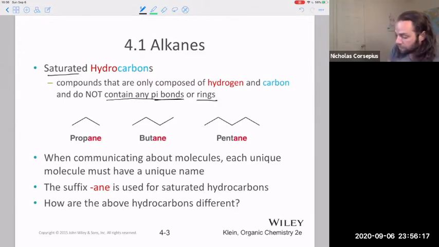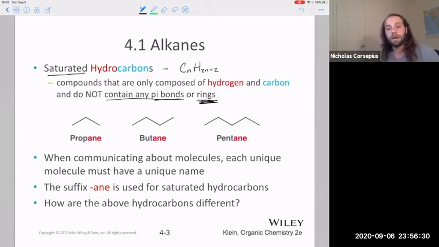They are what are called saturated hydrocarbons. These all have the same formula, CnH2n+2. We are going to talk about cyclic alkanes in this set of lectures in this chapter. But for this particular lecture, we're focusing just on alkanes or saturated hydrocarbons.